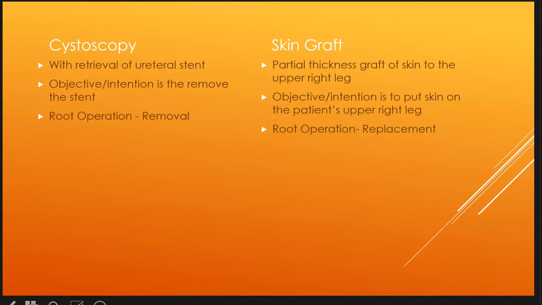And the last one, number 11, is the patient is having a partial thickness graft of skin to the upper right leg. What is the intention? The intention is putting skin graft on this patient's leg. The root operation that matches that is replacement.